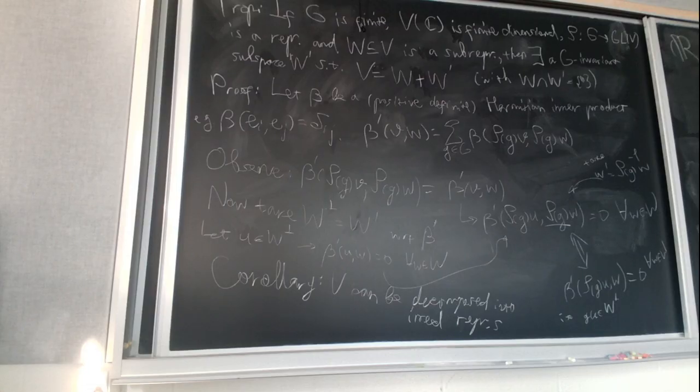Here we're dealing with an upper triangular representation, upper unit triangular. It does nothing to the first basis vector. What happens to the second basis vector?